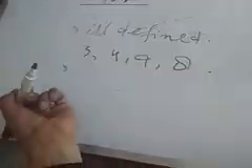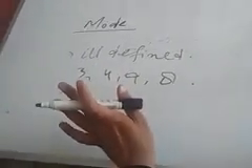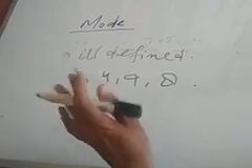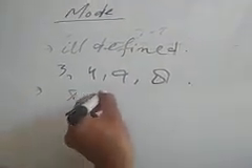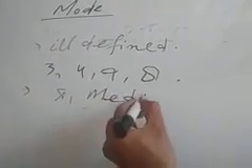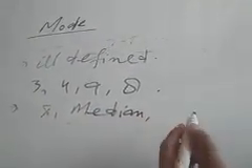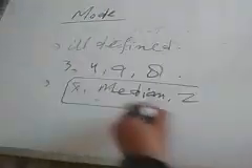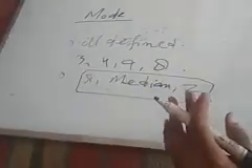Second property is it is the least used measure of central tendency. Actually mean, median, which we will discuss in the next video, and mode. These three are known as measures of central tendency.